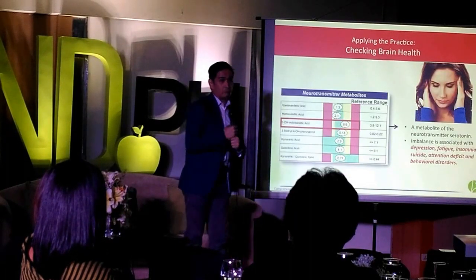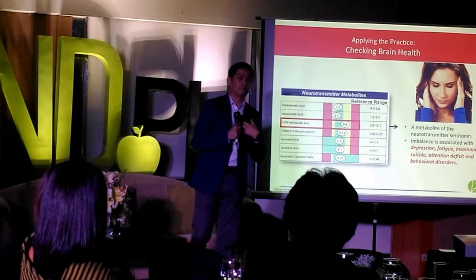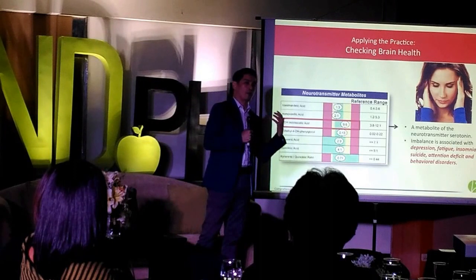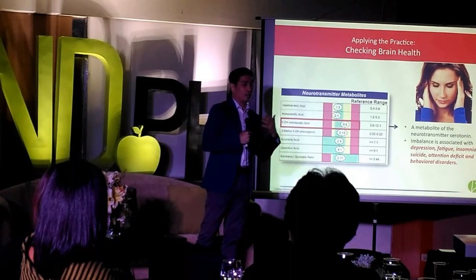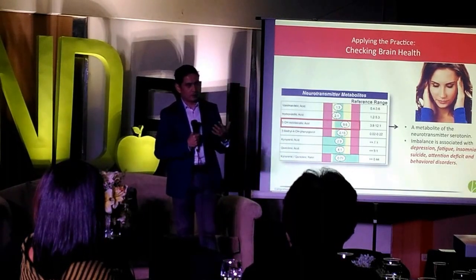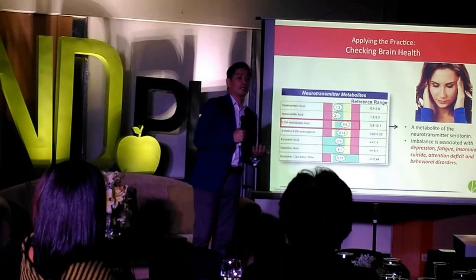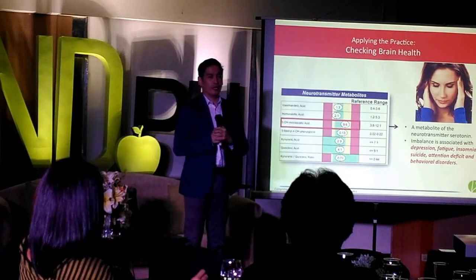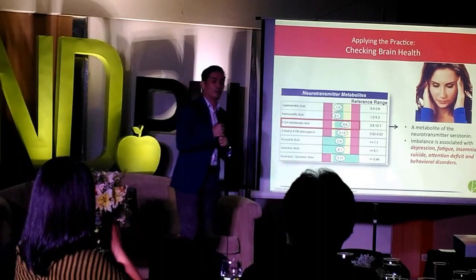Of course, like I've said, our gut is our second brain. In fact, 75% of the neurotransmitters that our body produces come from the gut. And it's used by our brain as a chemical for us to communicate. Neurotransmitters such as serotonin, dopamine, acetylcholine, as well as GABA or gamma-aminobutyric acid.